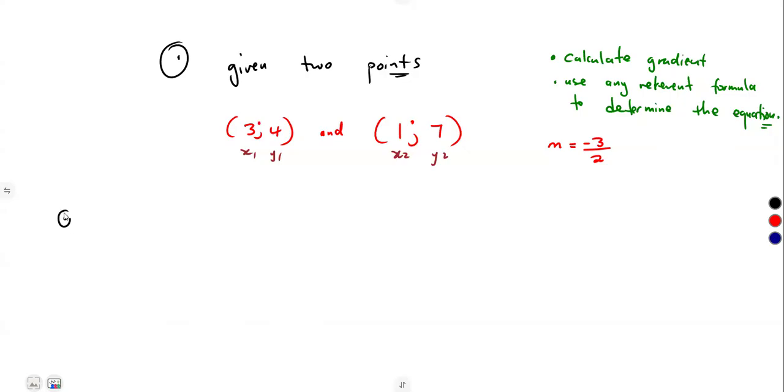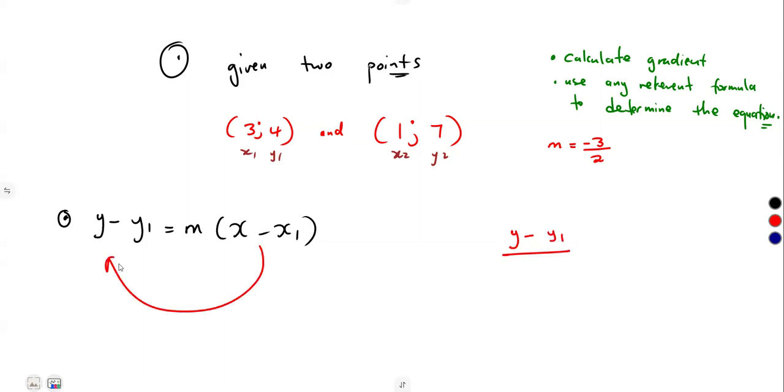There we can apply the formula which is written in this way, y minus y1 is equal to m into x minus x1. That's the formula that you can use. Some from this formula, instead they write it as y minus y1 over, they take this one, divide it, right?